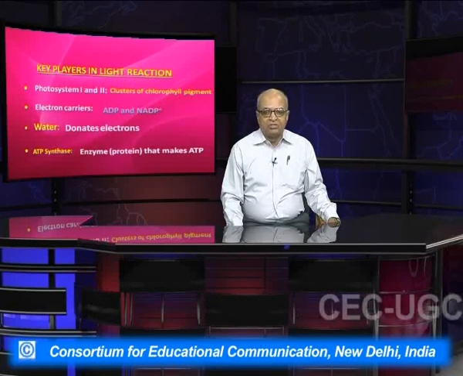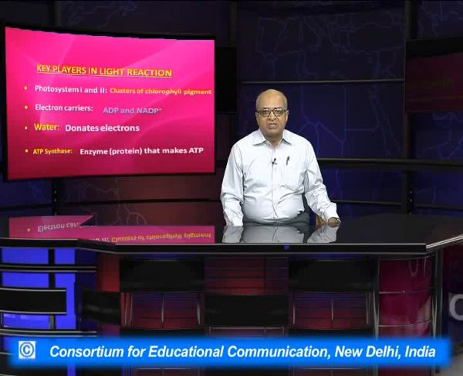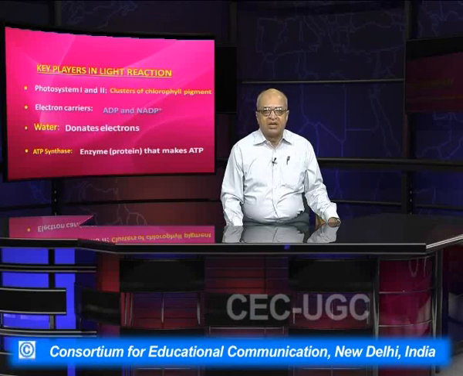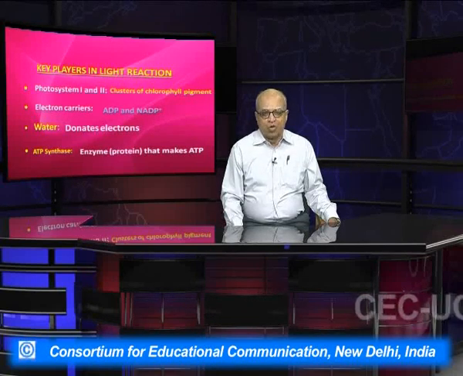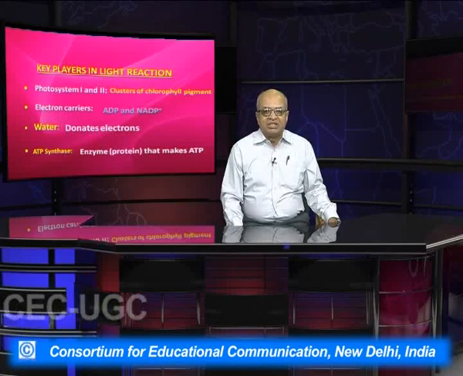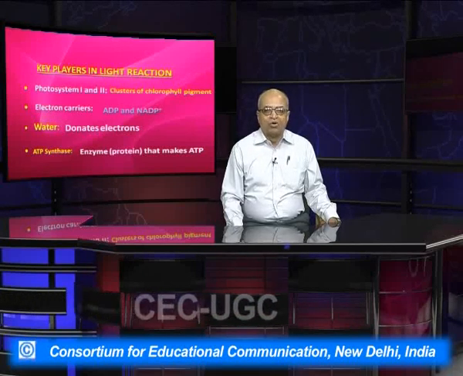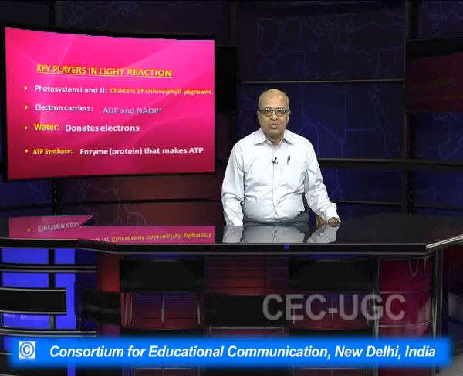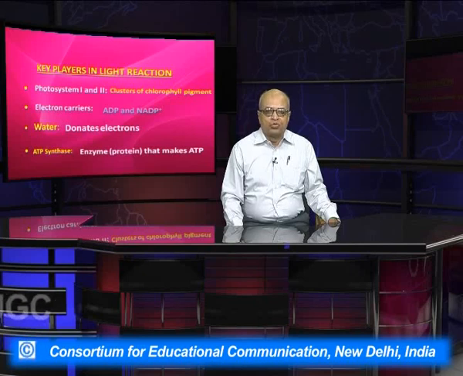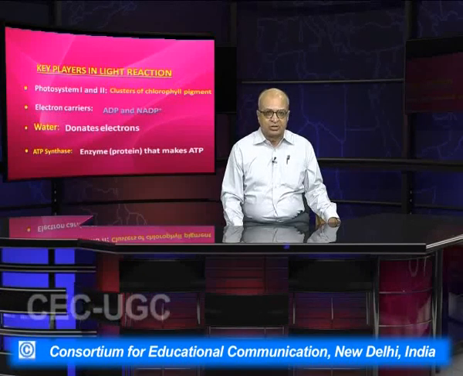These two are going to carry the electrons to the Benson-Calvin cycle. Water would be the main source, because it is the ultimate donor of electrons to the whole system. We would see shortly that water is going to be broken down, or photolysed, at PS2.